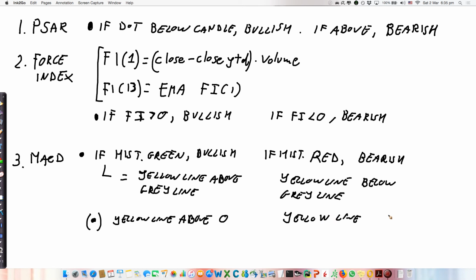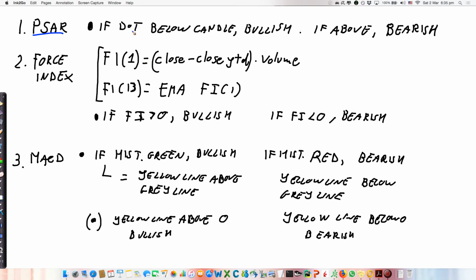And 0 is the reference line, the horizontal line, or below 0. So this is bullish and this is bearish. Okay, so this is the idea.